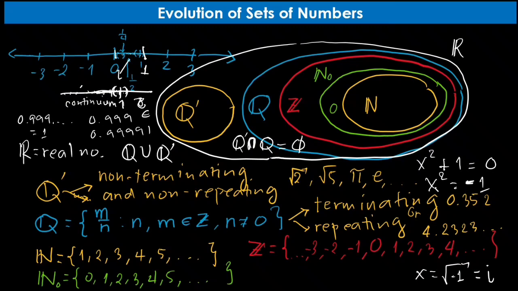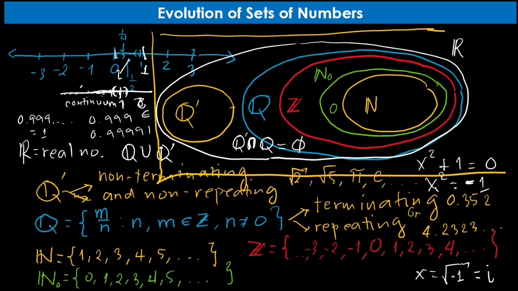So aside from the real numbers here, we have now the extra number outside the real numbers, which is the imaginary number. And if you combine the real number and the imaginary number, this is now what we call the complex number.